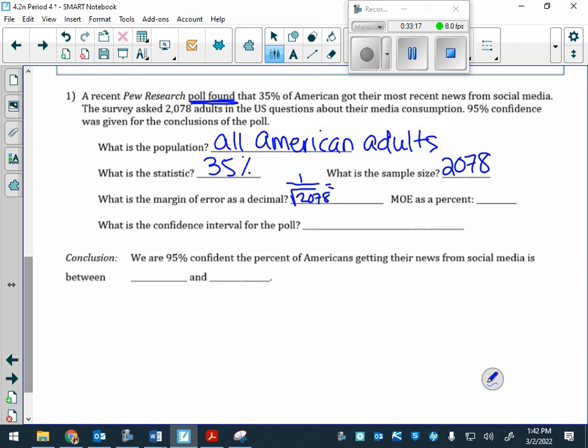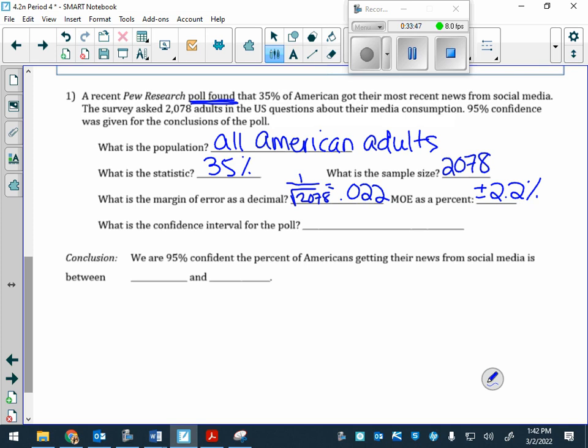What is it as a decimal? Yep. 0.022. Okay, 0.022. 1 over the square root of 2,078. So as a percentage, it's the plus or minus 2.2%. Okay, you have to remember anytime you're talking about the margin of error, you must include plus or minus. Okay, because we also took a square root.